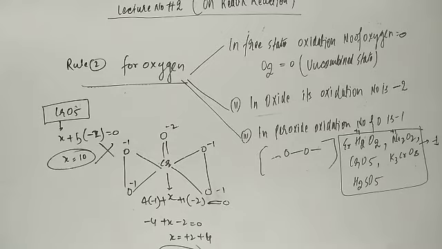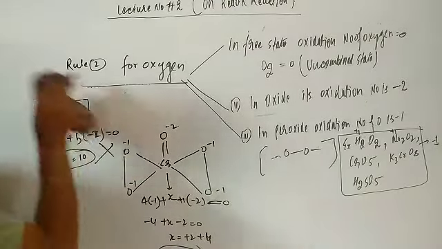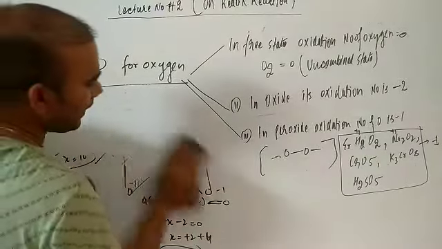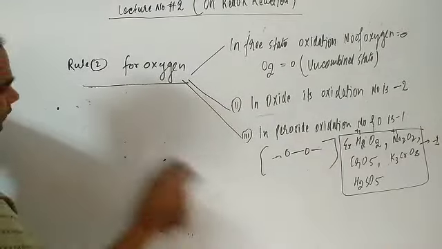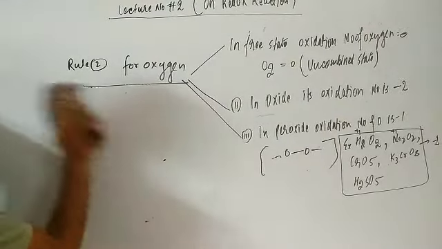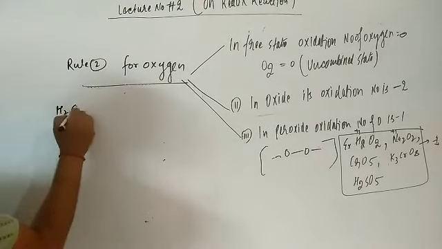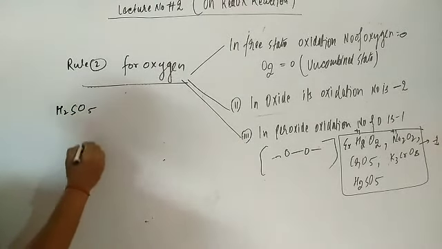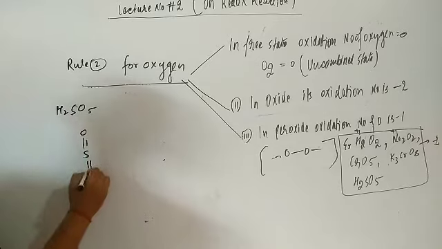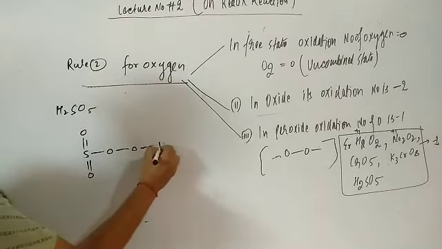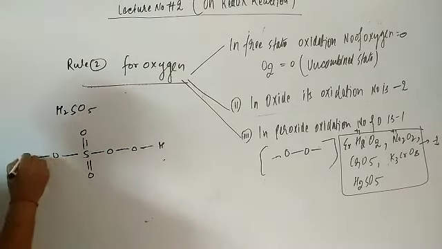Okay, let us look over one more example, student. Suppose we are taking H2SO5. If you are talking about H2SO5, how much is this coming, student? Dear student, we have to understand this structure, then only you can understand the oxidation.